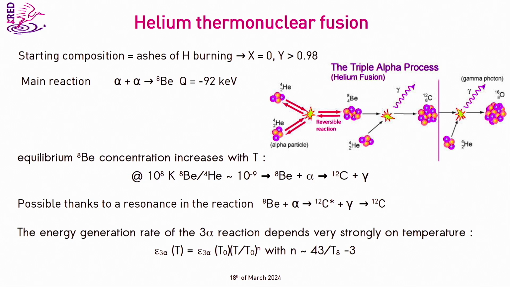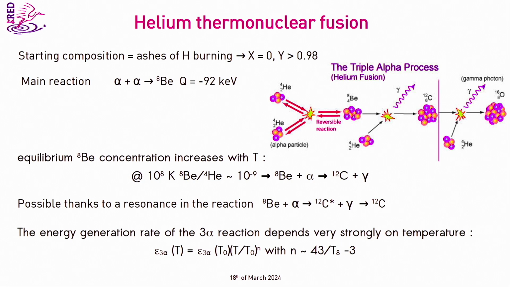So you are in a medium where you are in the ashes of hydrogen fusion. So no hydrogens anymore, no protons anymore left, only helium and some metals. The main reaction that you can have is two alpha particles going together and building beryllium-8.